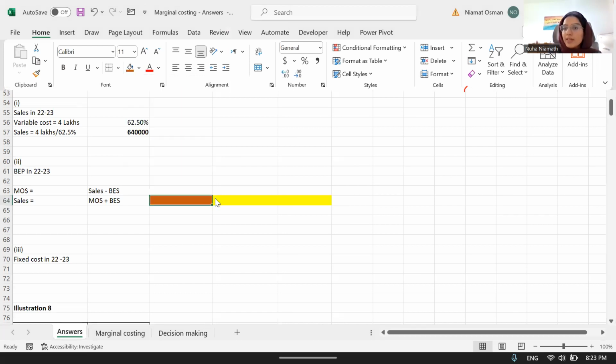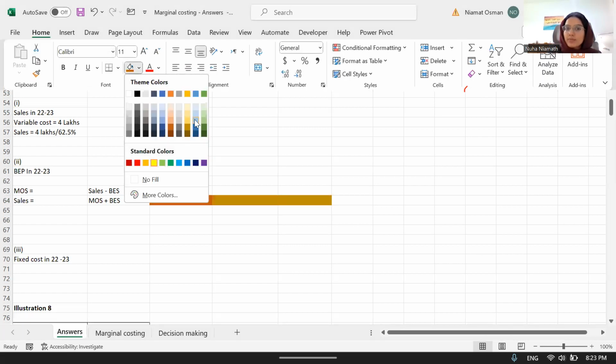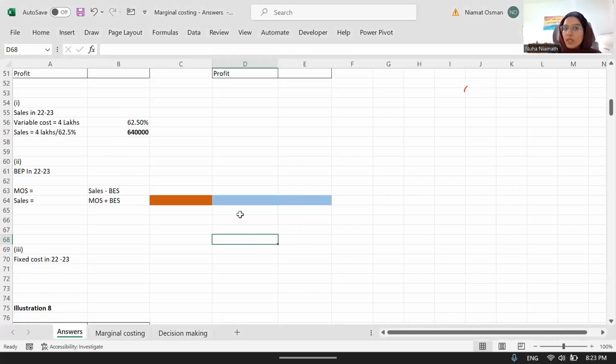This is my break even sales. And whatever I'm making over and above my break even sales is my margin of safety. Now they have said that this is 21.875%. So the remaining will automatically become my break even sales. Everybody clear with this concept?